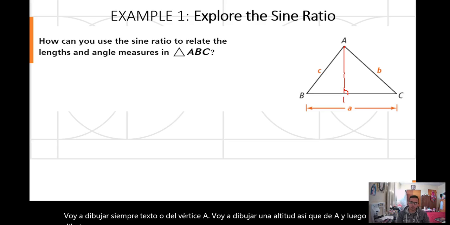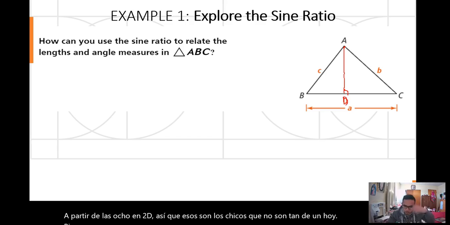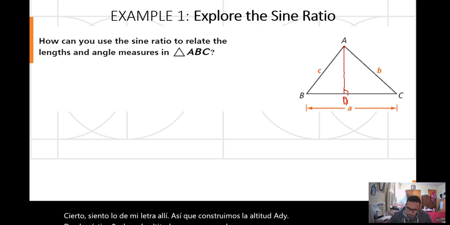Let's say this is D, from A to D. That's D, guys, not B. Sorry about my handwriting. So we construct the altitude AD from vertex A. The altitude intersects BC at a point D, forming right triangles.